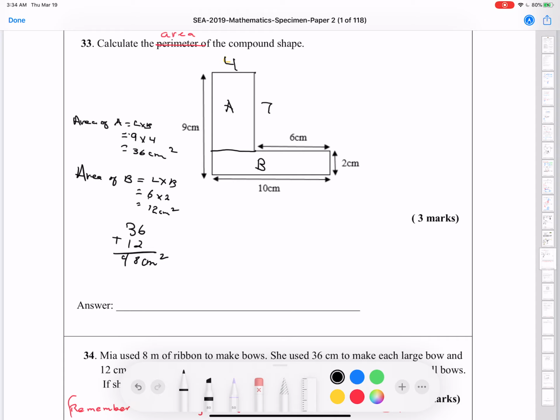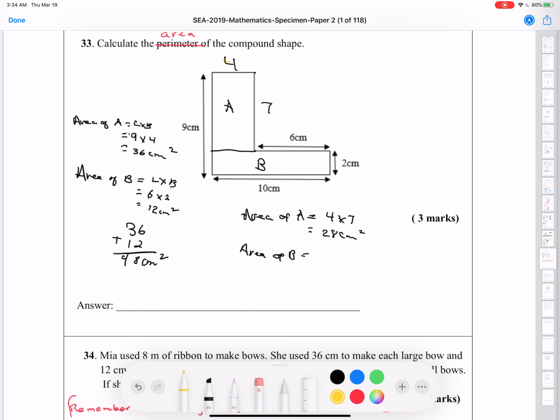So rectangle A equals, area of rectangle A equals 4 times 7 equals 28 square centimeters. And B, area of B equals, what's the length of B?